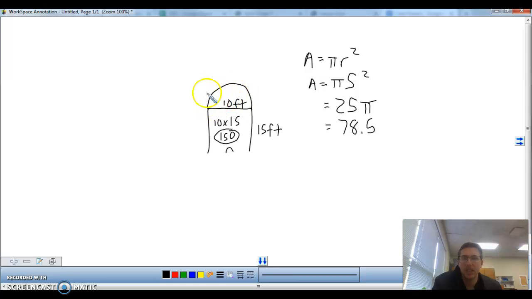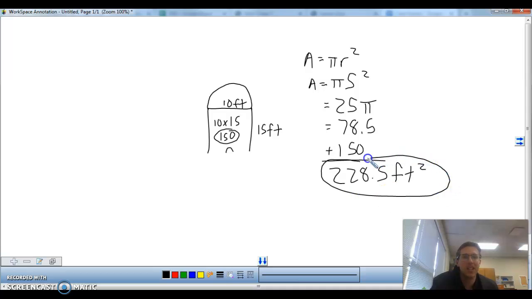So the area of the semicircle is 78.5. Well, you need to combine that with the 150. You get 228.5, and that would be square feet, right?